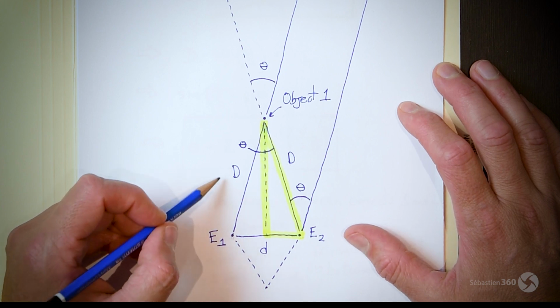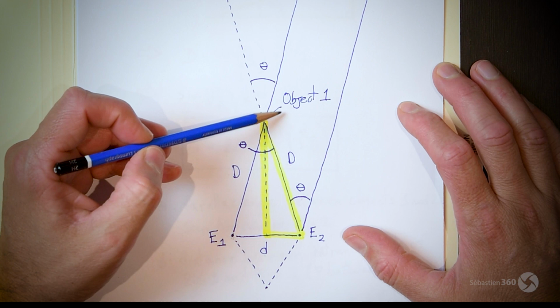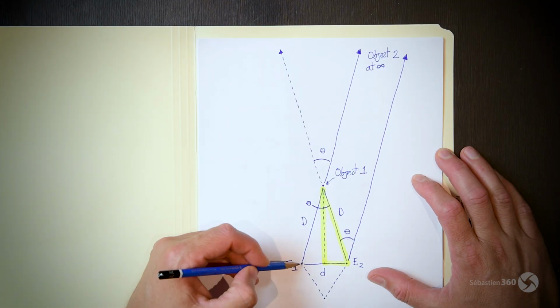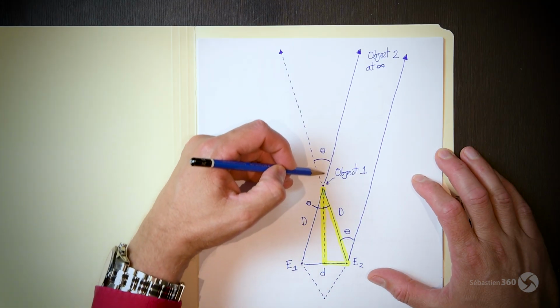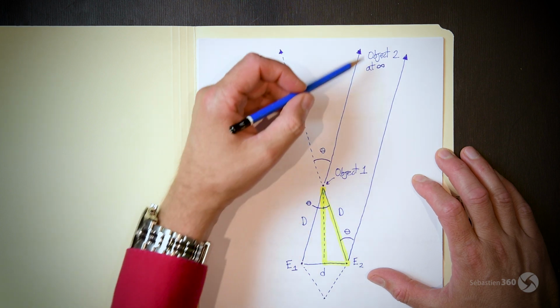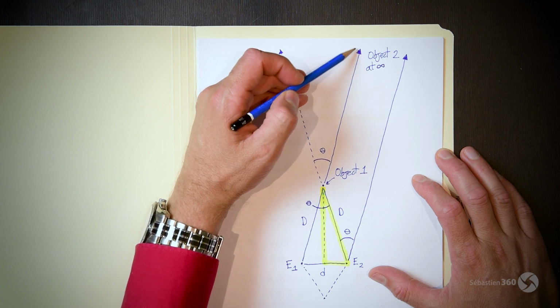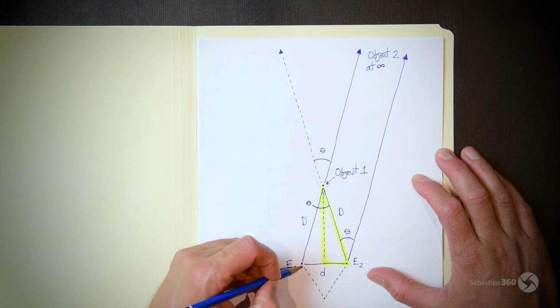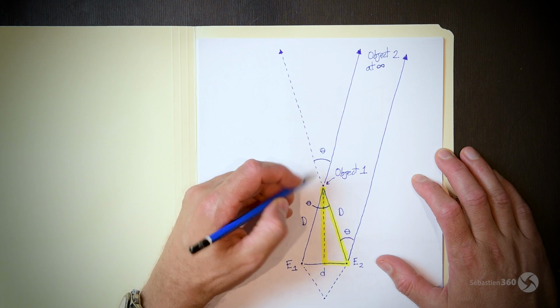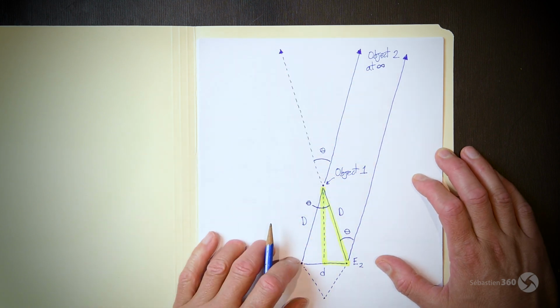So now if we are looking at object 1 from camera 1, this object will be seen in this direction for camera 1. And if we choose object number 2 in the exact same direction, on this sensor, object 1 will be right in front of object 2. So they are on the same line.